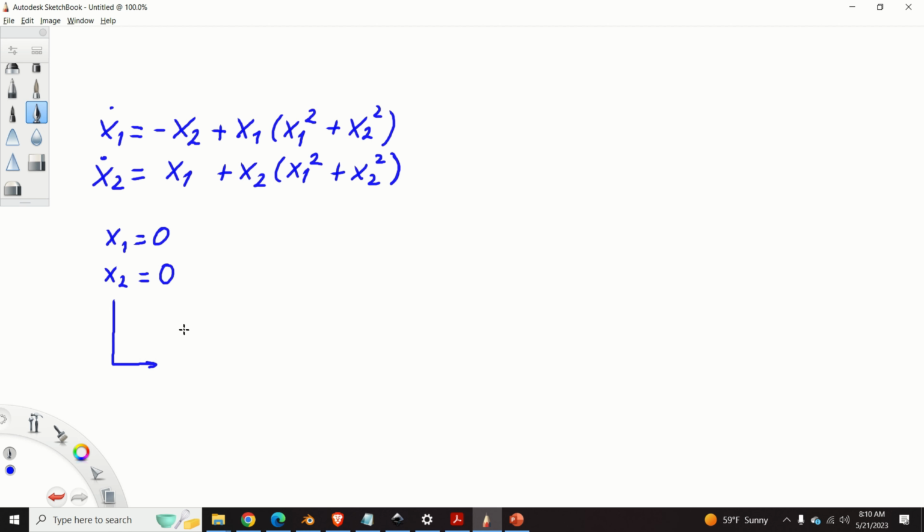In order to linearize this nonlinear system, we need to compute the Jacobian of this nonlinear system. We can represent this system in this form: x1 dot is f1 and x2 dot is f2, where obviously this is f1 and this is f2.